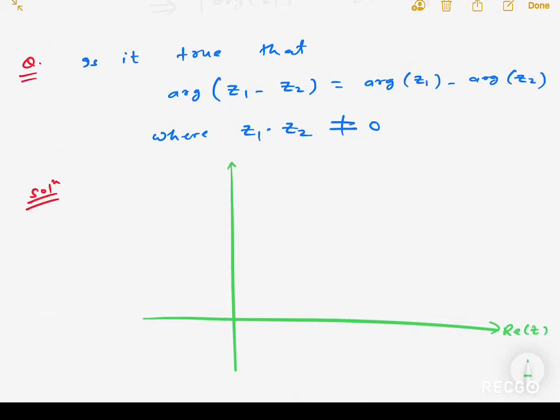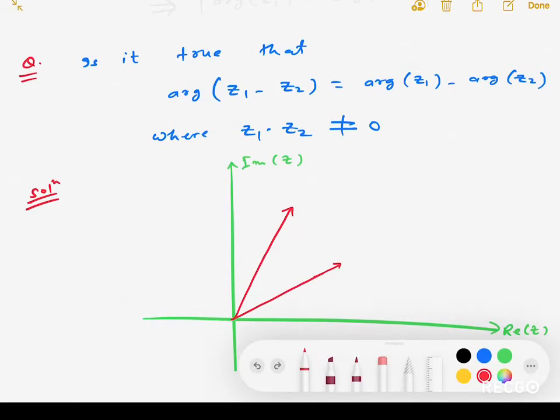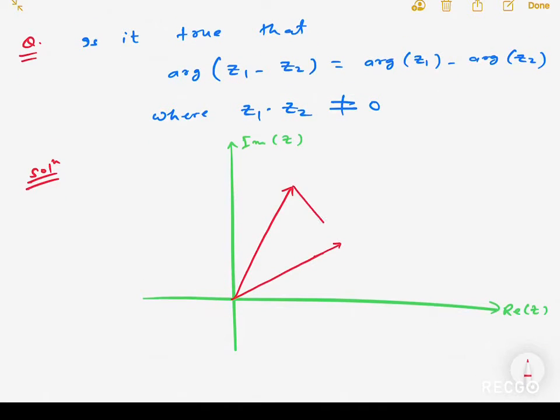This is the real axis and this is the imaginary axis, and just assume 2 points in the complex plane with affixes z1 and z2. So let's say this vector and the other vector represent the complex numbers z1 and z2. So this will represent z1 minus z2, as we have seen earlier.